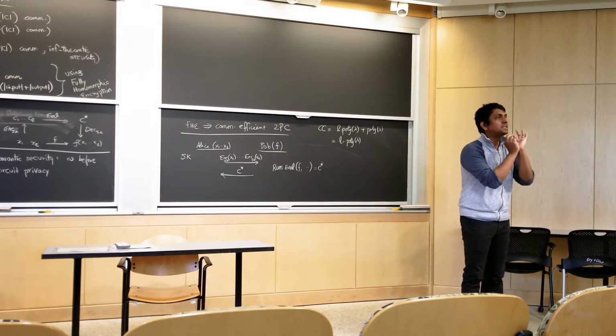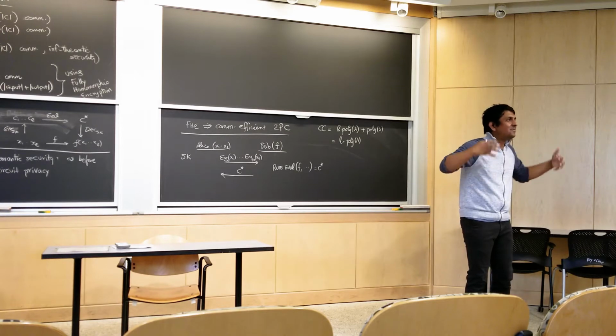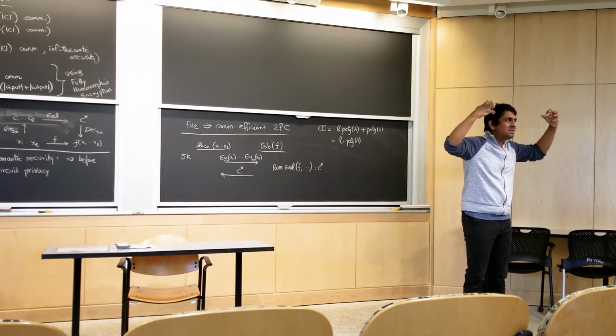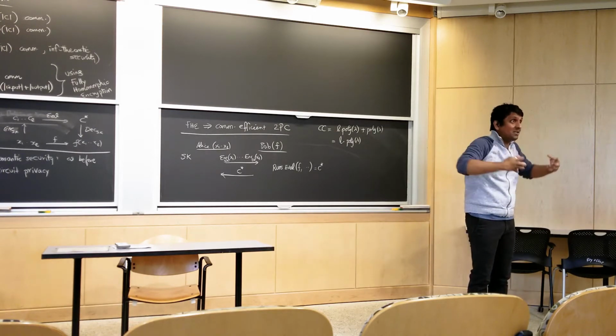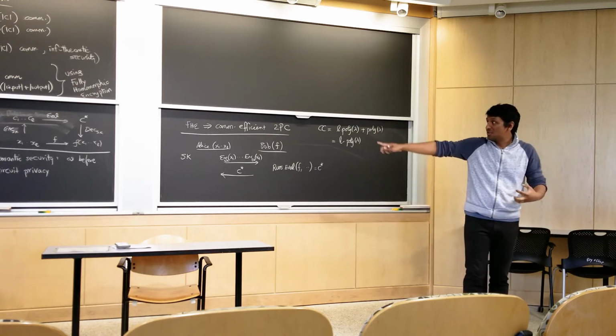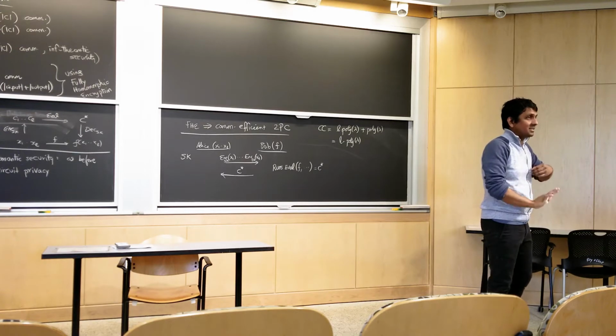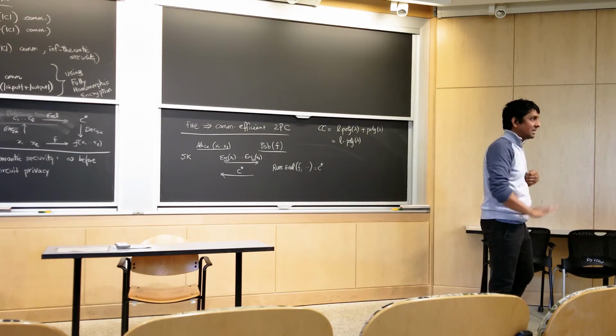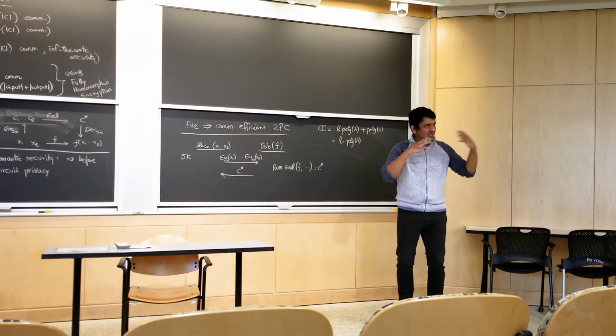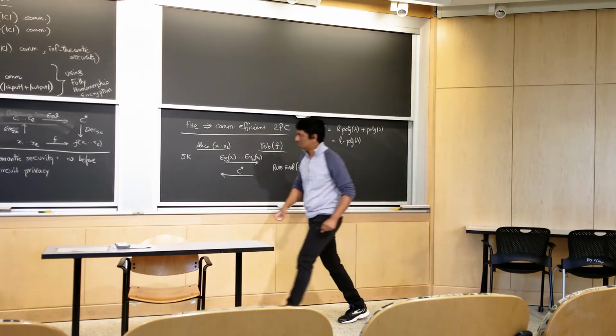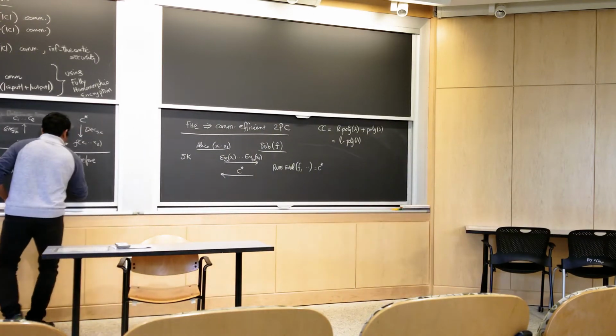It only reveals f of x, and doesn't have other information about the function f, the circuit f, baked into it. Okay, that's called circuit privacy. Let me not define it formally right at this point. We'll get there when we actually construct the scheme. And okay, so this will be that.